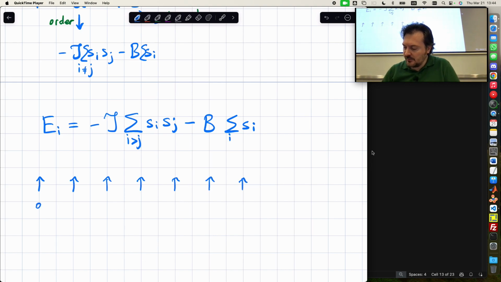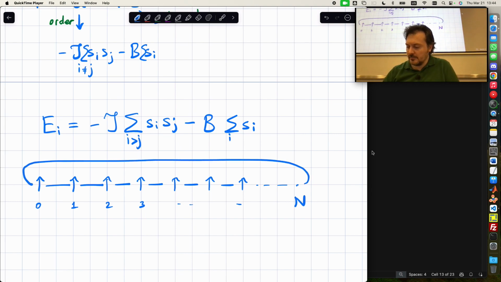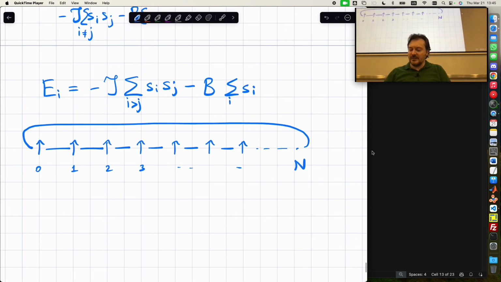So this is spin 0, first, second, third, etc. And this is interacting with that one, this is interacting with that one, etc. Let's say we have n spins, and the last one is interacting with the first one. Let's say I give you a particular number of spins. Let me give you 16 spins because I already have a code for it.